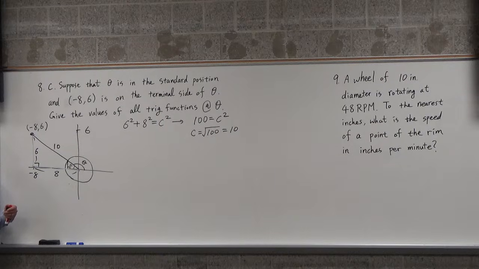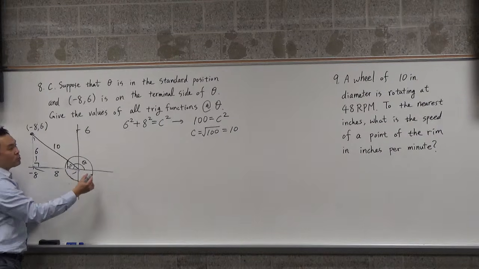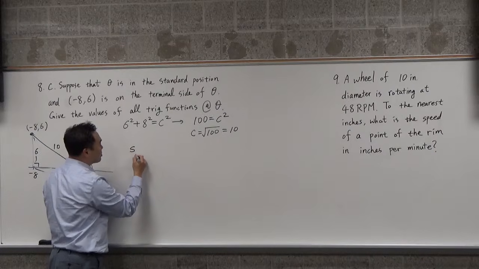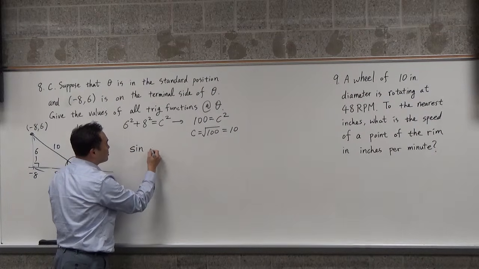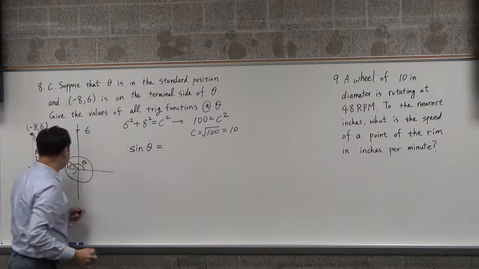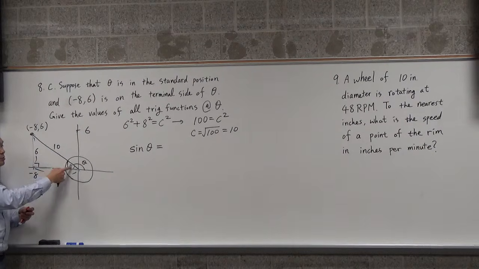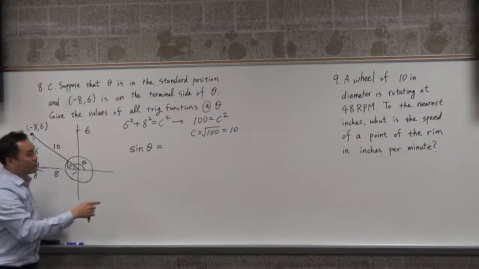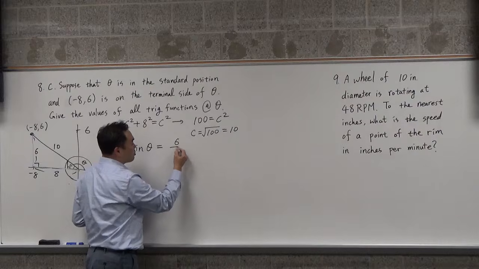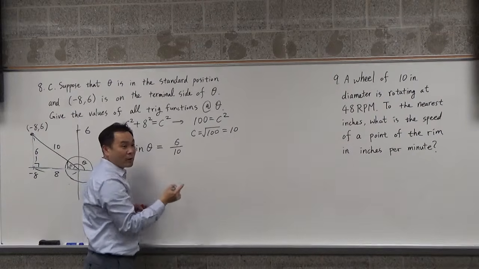Once you know that this is 10, now let's try to find the cosine, or let's start with the sine. SOHCAHTOA, right? Sine of theta would be what over what? Opposite of this angle theta is 6. Hypotenuse is 10. So it will be opposite over hypotenuse. SOHCAHTOA.